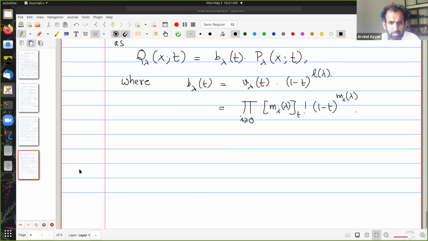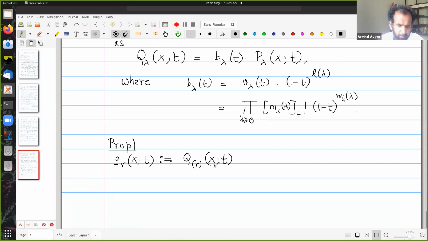Okay, so the first proposition is for the one single row partition. This is so useful that we'll give it another name. Let me do it directly. So Q_R of x, t is by definition Q of the singleton partition R of x, t. Sorry, I'll fix n variables.